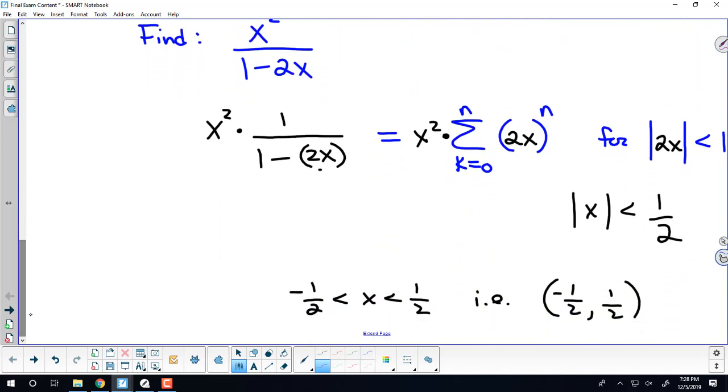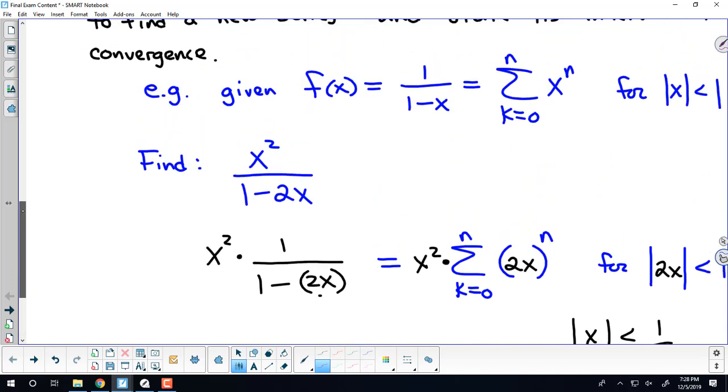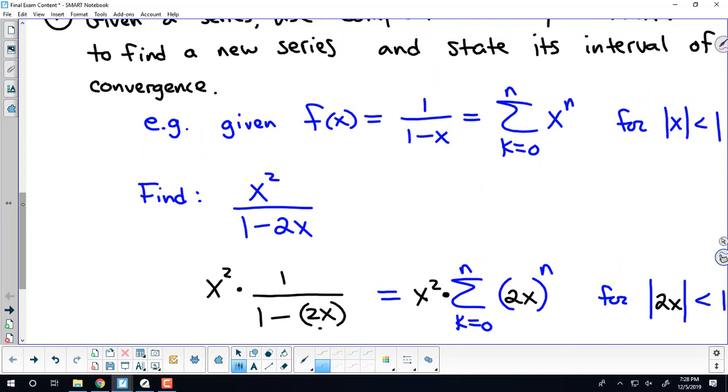So is that still going to be like one of the 4 or 5 that you've given us? Yeah, that you should know. I mean, you can put the series stuff on your note card if you're worried about it. Yeah, 1 over 1 plus x, 1 over 1 minus x, e to the x, the cosine and the sine.